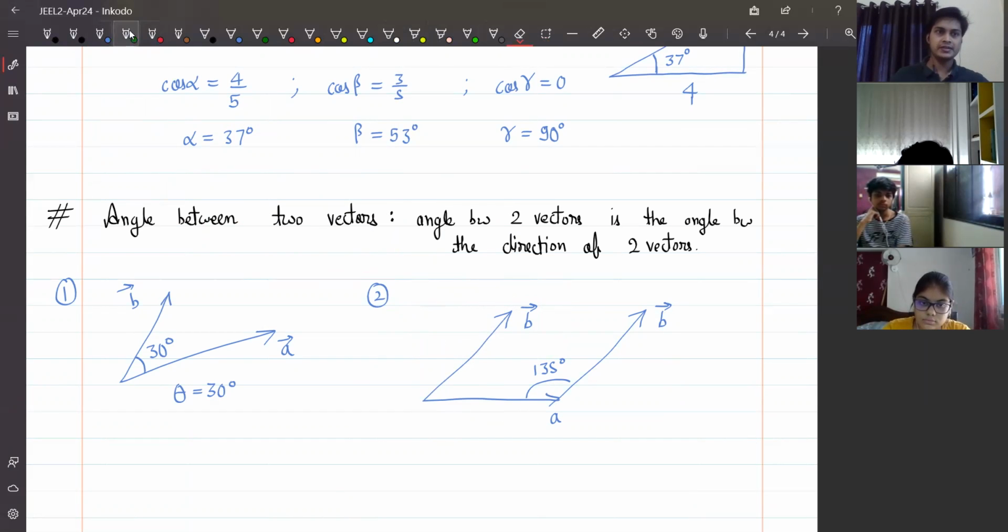If this is 135, then how much should this be, Nirmit? 180 minus 135. Yeah, 45 degrees. So to find the angle between two vectors, you have to bring the tails at the same point.